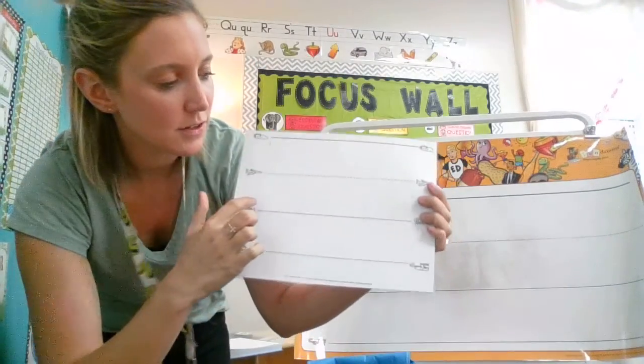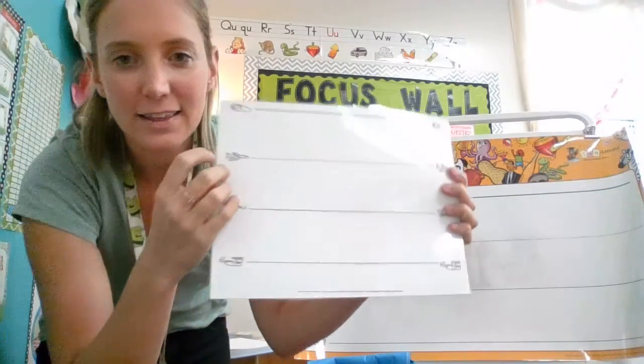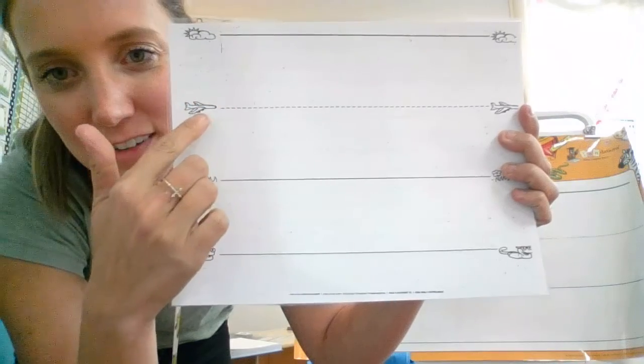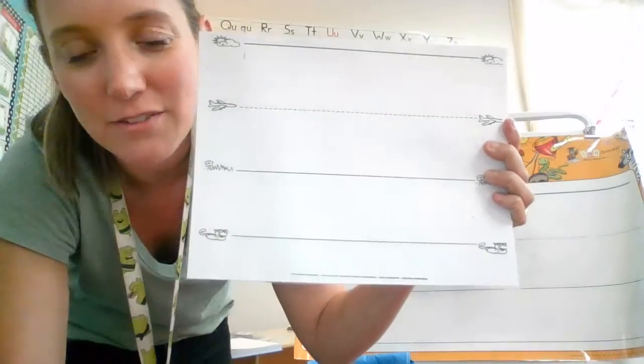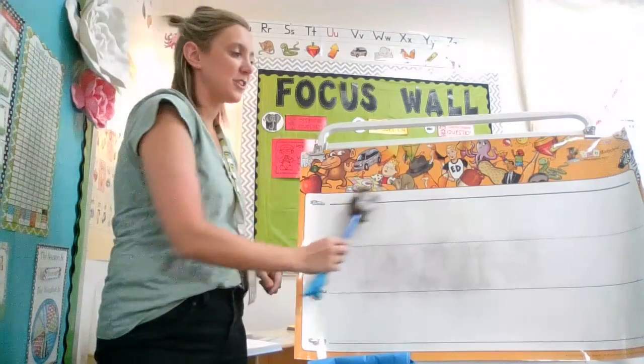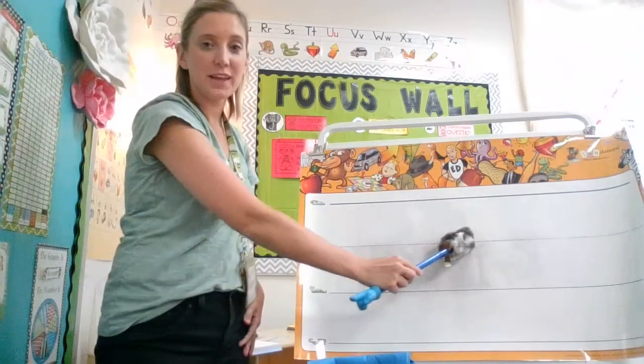So this is called our plane line. And you see a little jet going across right there on that dotted line. So everybody say plane line. Plane line. Good. So we have our skyline and our plane line.